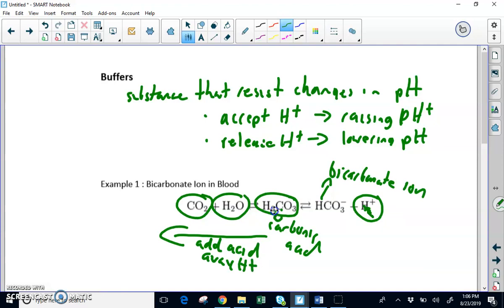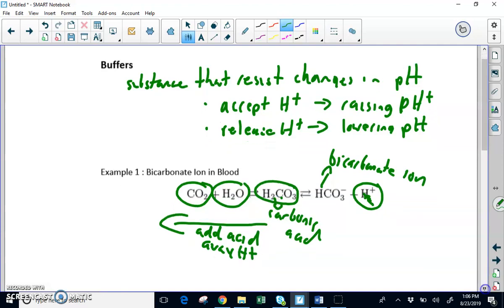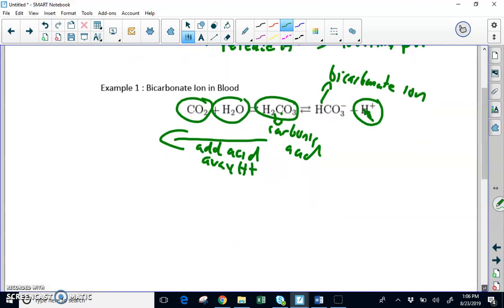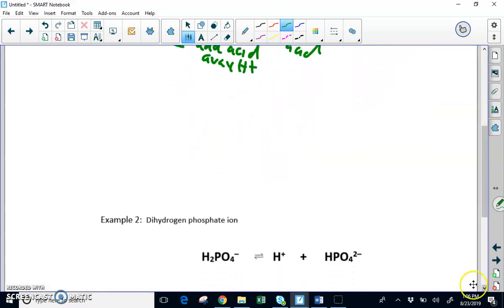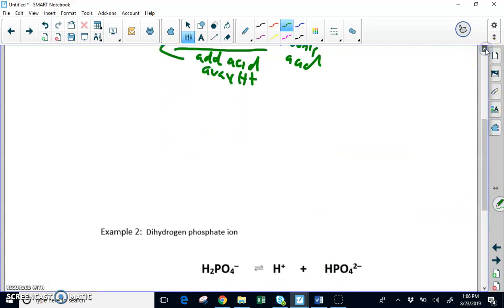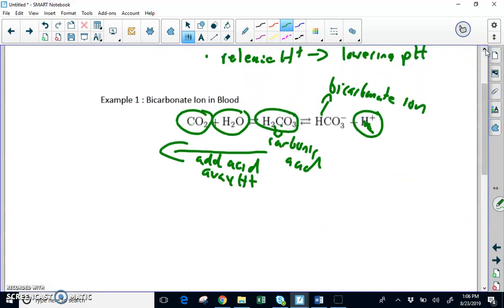Now, let's say for some reason your blood gets too basic. We have this system happening in your blood, and all of a sudden your blood gets too basic. That means we want to add H+ to the environment, so this reaction is going to shift this way.